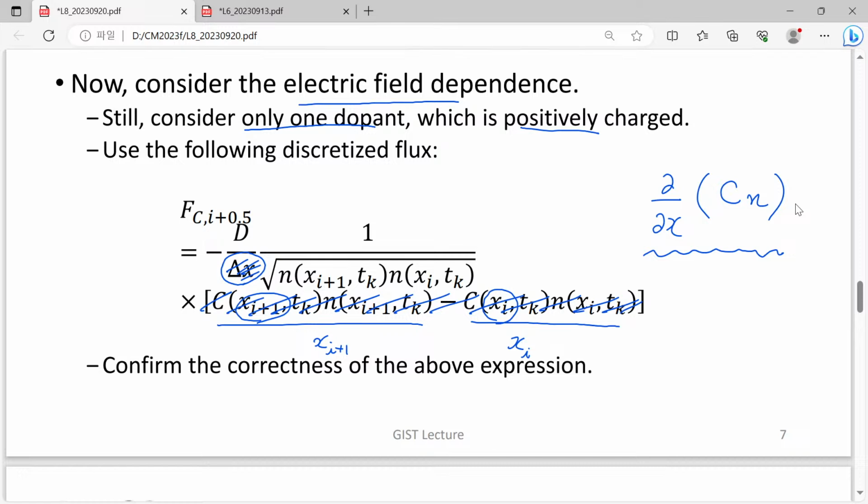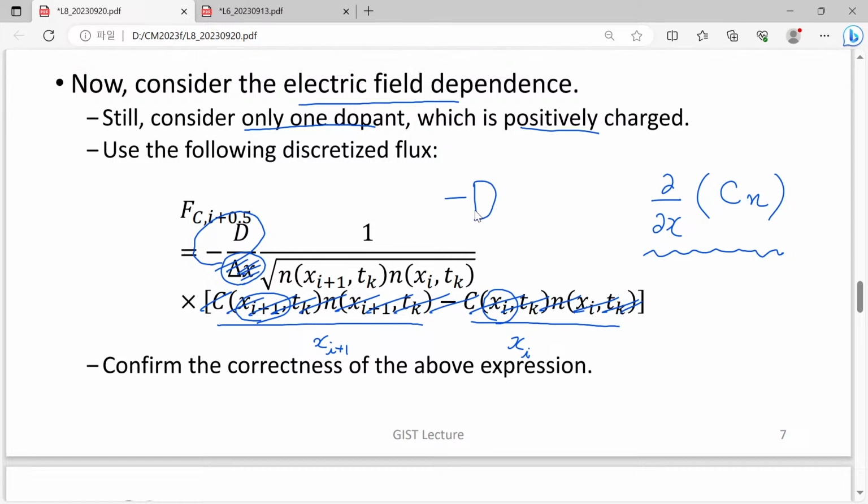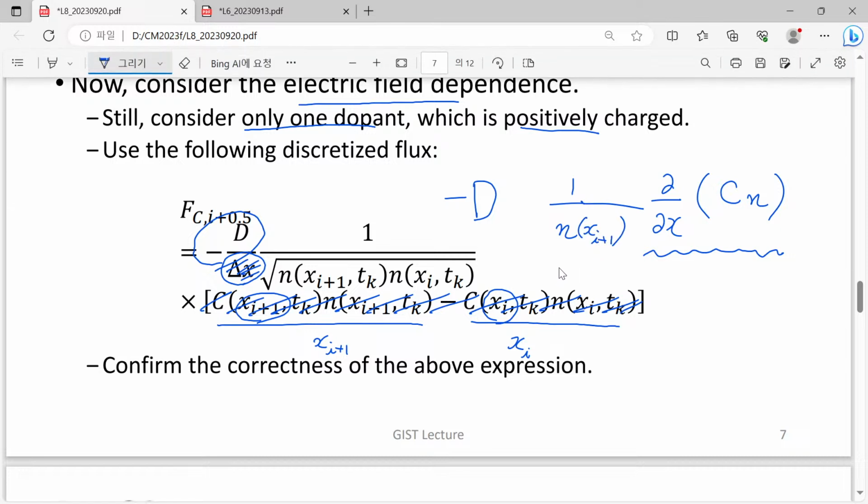So you have here minus d as a leading factor. And what is remaining? Actually, you must calculate 1 over electron density, but it is difficult to say which should be the right value for your 1 over n. We know the electron density at x sub i plus 1. We also know n evaluated at x sub i.